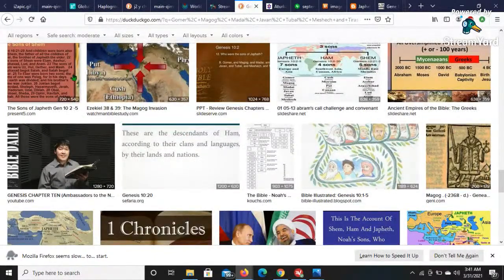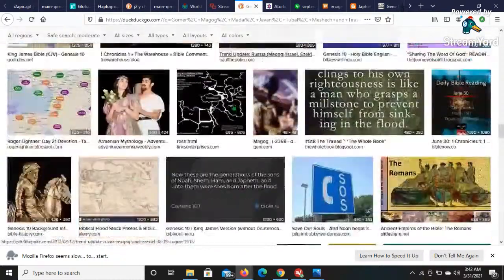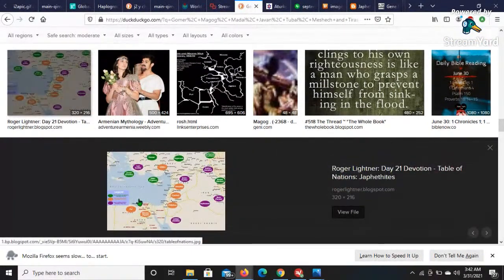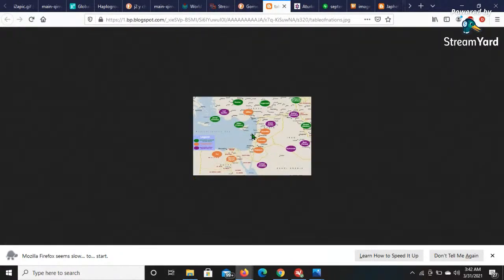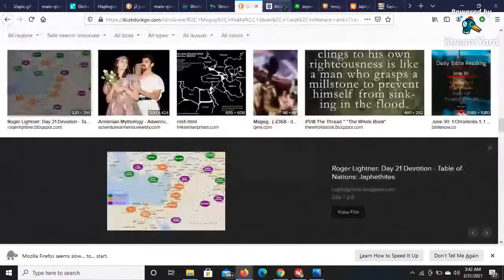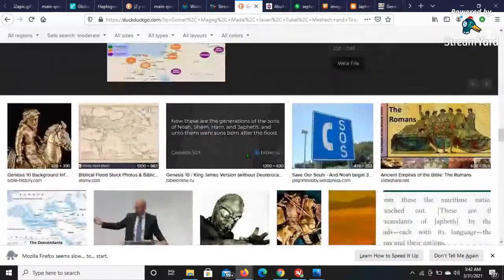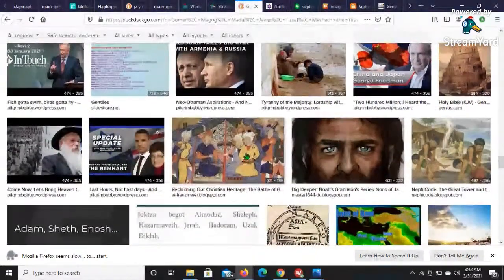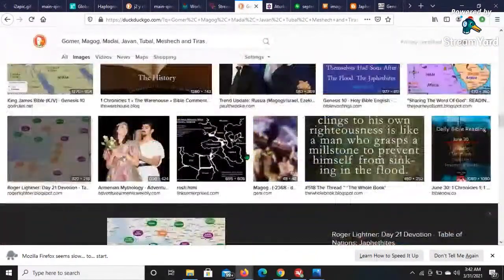Put Phoenicians, Cush, Ethiopia. What's this? Anything here? I can't see this. That's about it, I guess, right now. If I find out anything else, make a note of it.